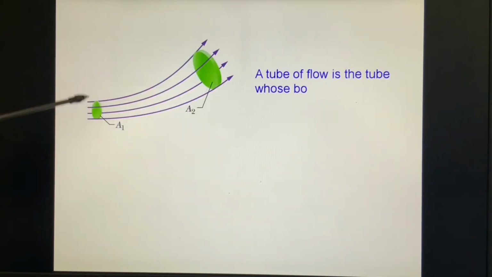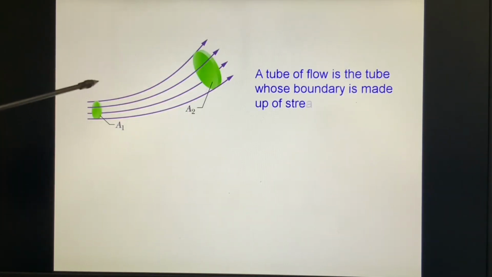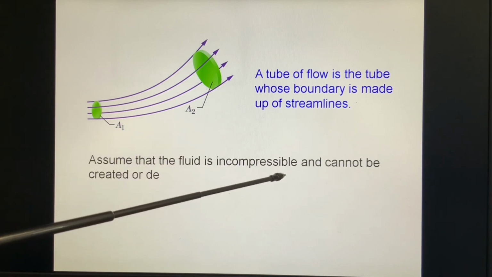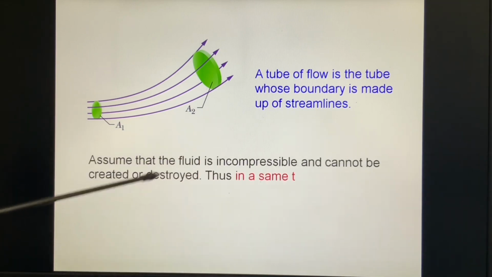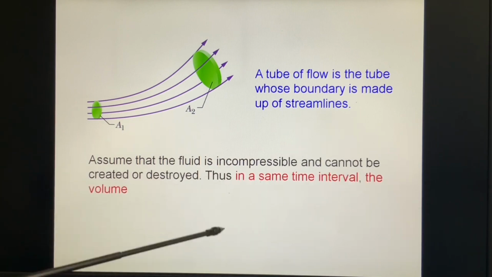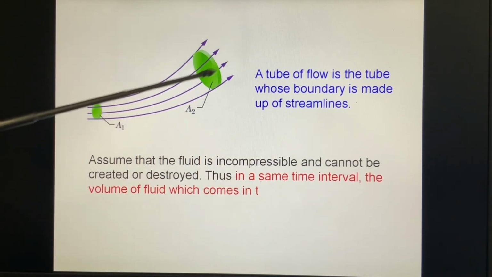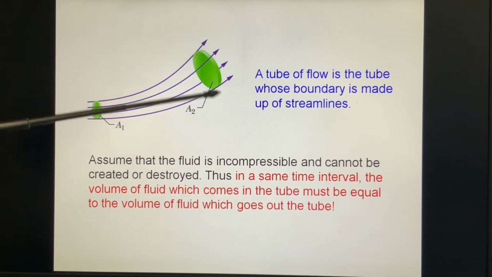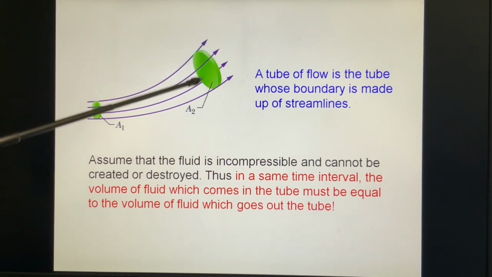A tube of flow is a tube whose boundary is made up of streamlines. Assuming that the fluid is incompressible and cannot be created or destroyed, in the same time interval, the volume of flow which comes into the tube must be equal to the volume of flow which goes out of the tube.